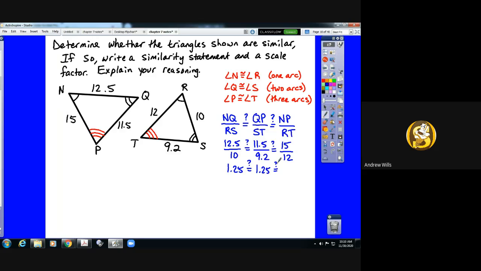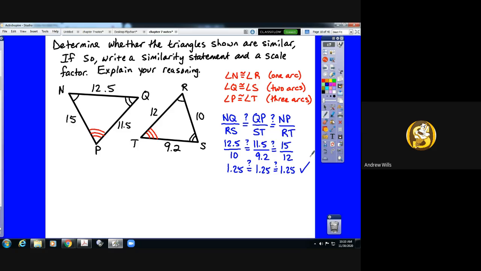When we divide 15 by 12, we get 1.25. So all 3 of those ratios are equal to 1.25. What that means is that the proportion is true. So at this point, what we've shown is we've shown all the angle pairs are congruent, and we've shown that all the sides are proportional.